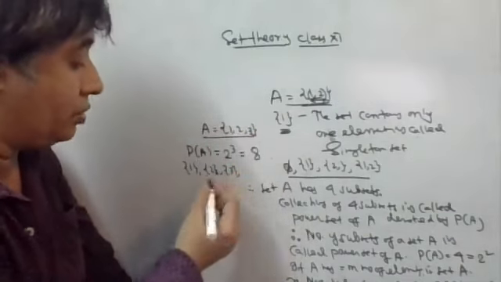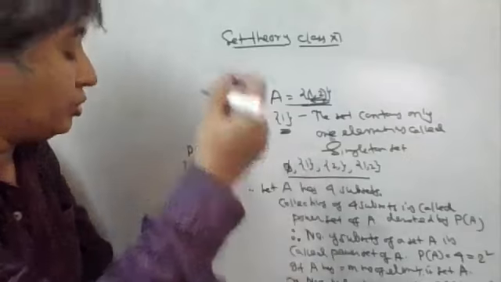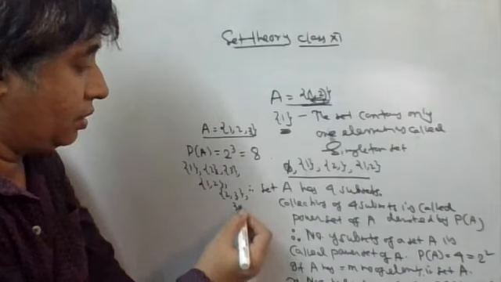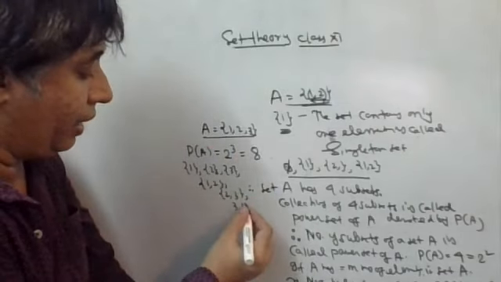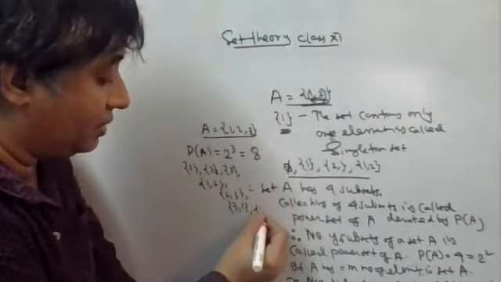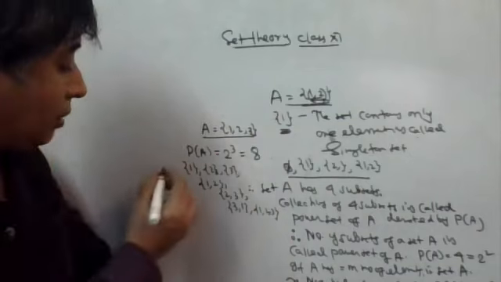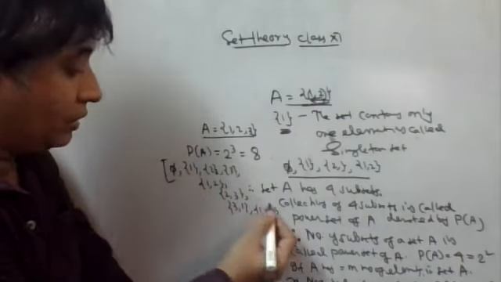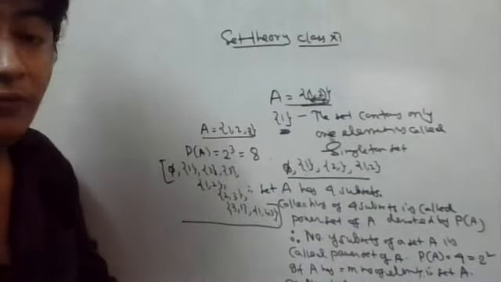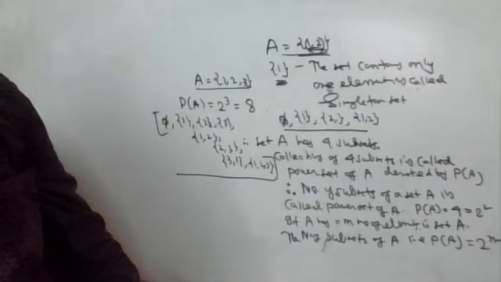Then it will choose 2 elements at a time: 1 2, 2 3, 3 1, and that set which contains all 3 elements. But that is not all, because you know that the null set or empty set is a subset of every set. So these 8 subsets you will get, and that will be considered as the power set of A. Understand?